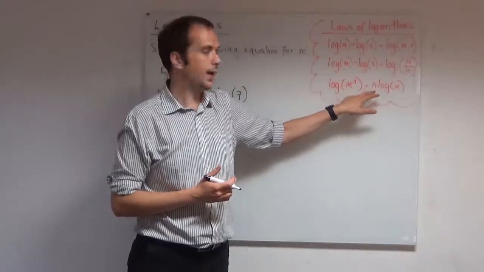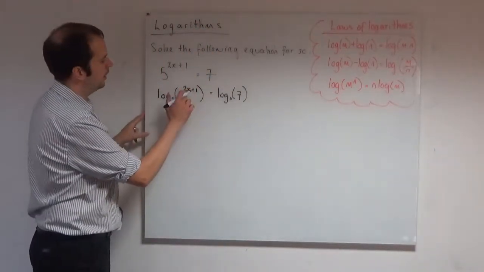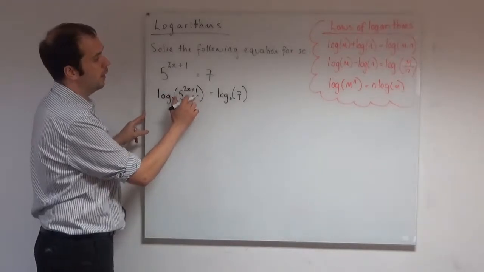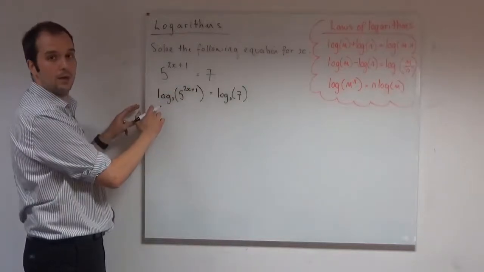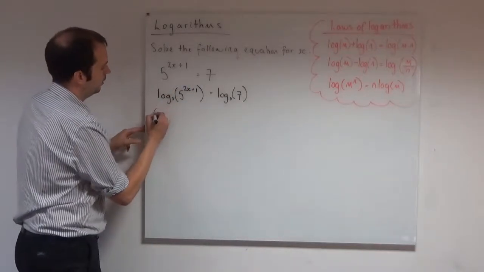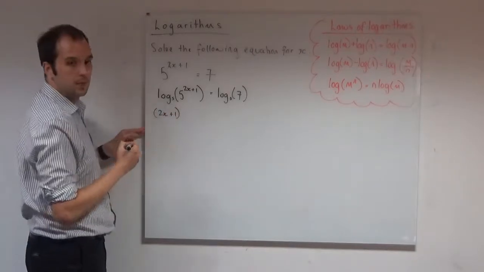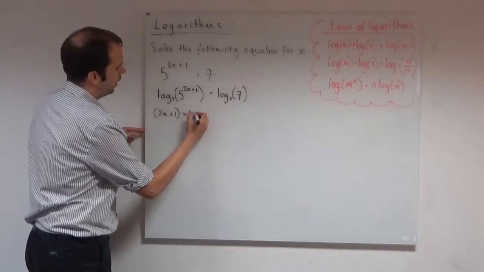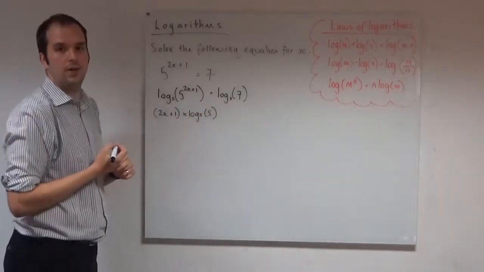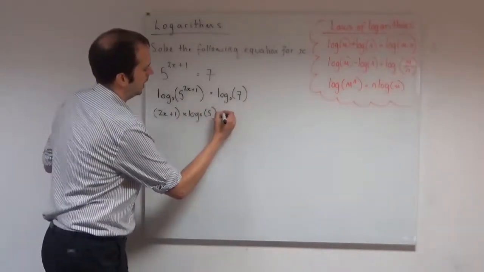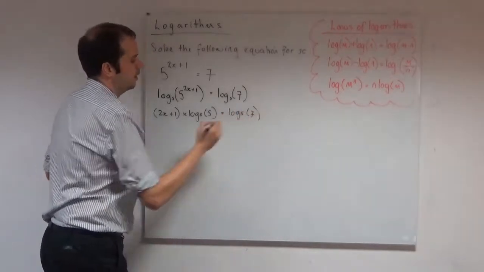So I'm going to employ that result here. This power here, this 2x plus 1, using this law, can be brought outside the front of the log. So we'll get 2x plus 1 multiplied by log to the base 5 of 5, and that is equal to log to the base 5 of 7.